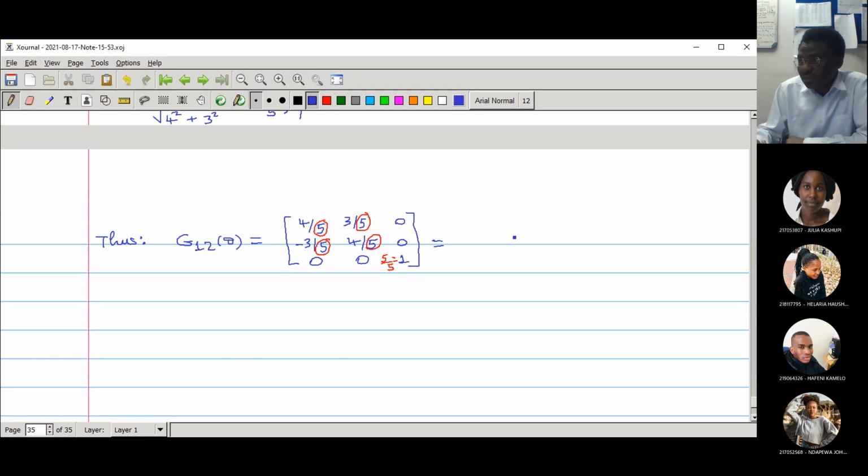This becomes 1 by 5 into, that's just to make things simpler inside, 4, negative 3, 3, 4, and here we have 0, 0, 0, 0, 5.